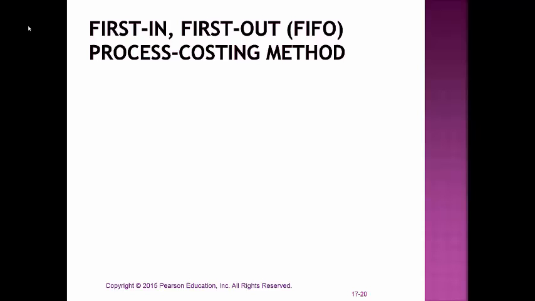our FIFO method. That weighted average process costing method calculated the equivalent unit cost of all the work done up to the date of basically the end of the month and journal entries and closing of the books and the income statement, the balance sheet, etc. And that method calculated that equivalent unit cost of all of those units that were worked on to date, regardless of the accounting period in which the work was done.